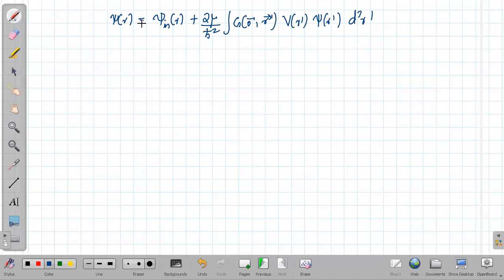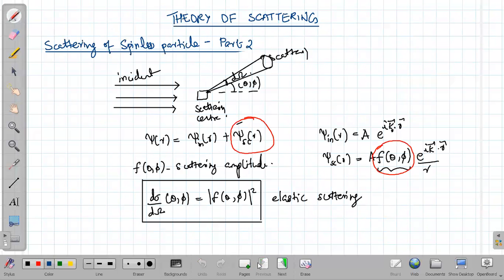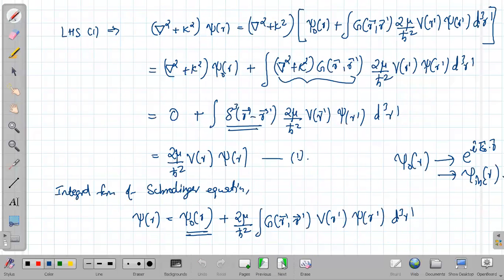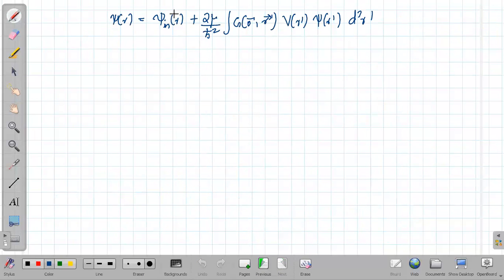Okay, now let us go back to our final solution for this wave function. For a scattering problem, the wave function is the superposition of the incident wave function and the scattering wave function. So here the incident wave function is here.